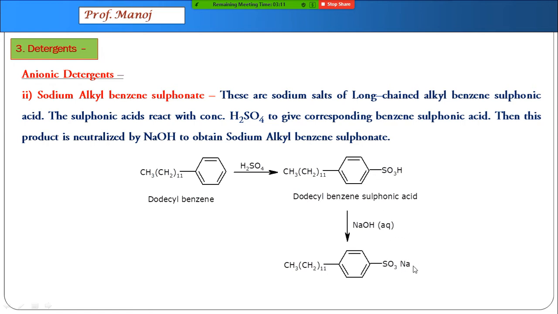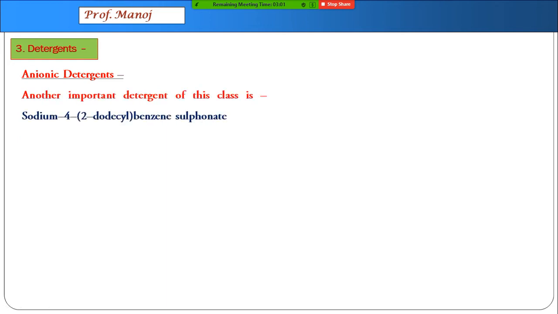Treated with NaOH, this is the sodium alkyl benzene sulfonate. You need to remember these two syntheses for your exams. A different type of anionic detergent is this way, which cannot be classified in the earlier one. Now this also contains, you can see, 9, 10, 11, 12 carbons, but of course this is with a branch, and then SO3Na is similar.